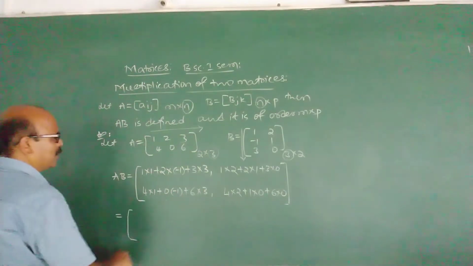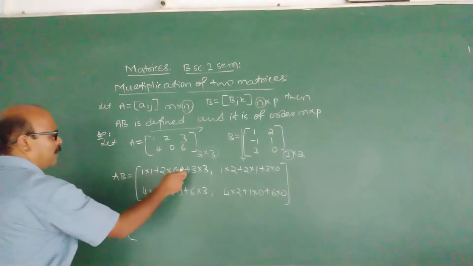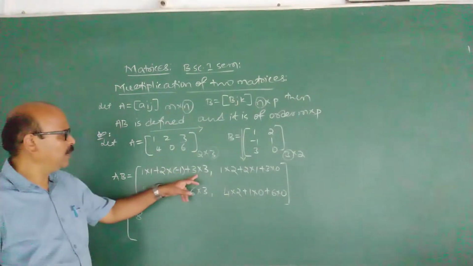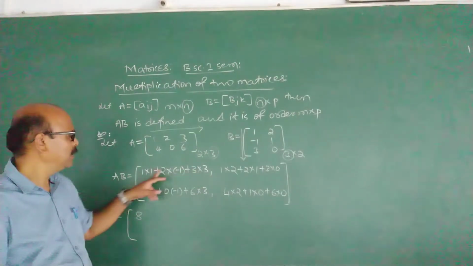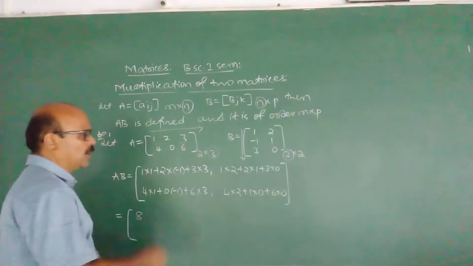Now simplify this. What is this? 9, 10 minus 2, 8. Am I correct here? You have to be careful in numerical calculations. If something is wrong, please correct me.